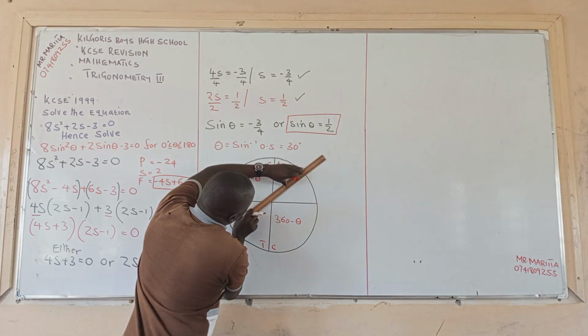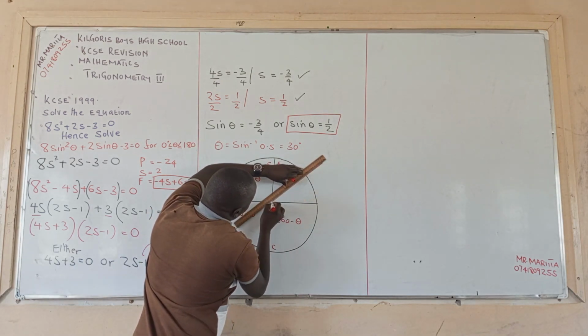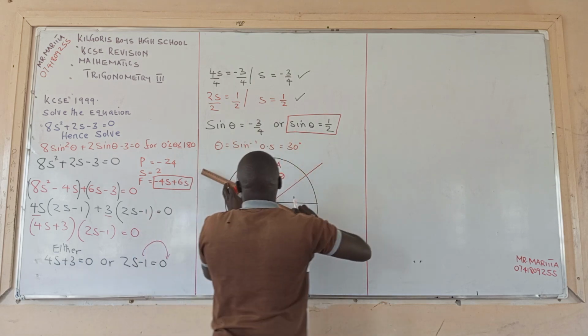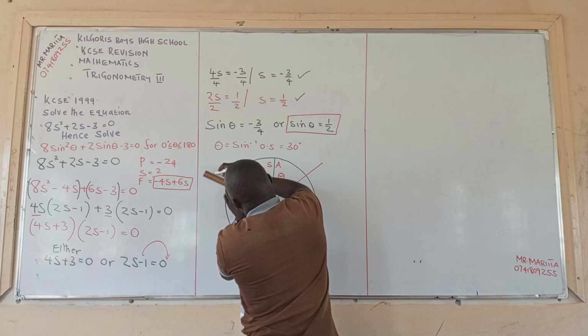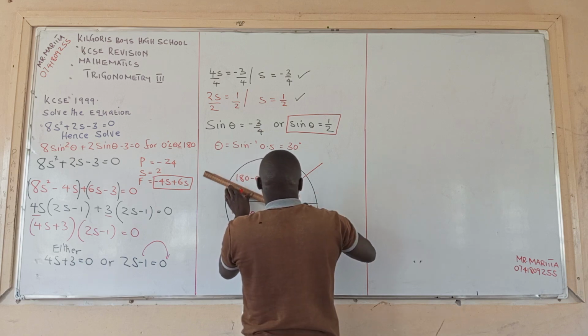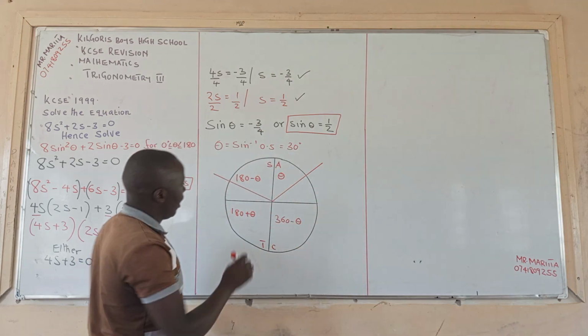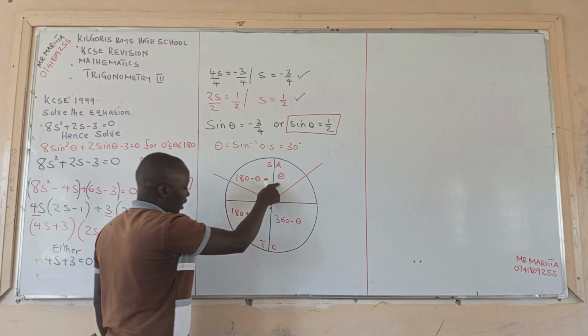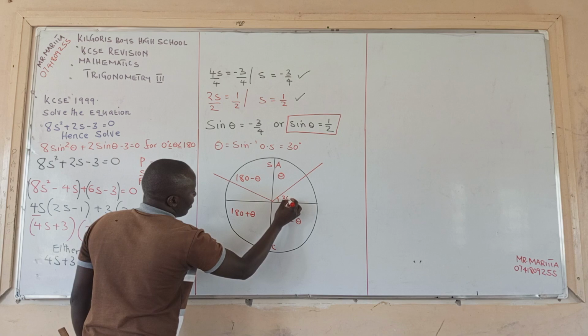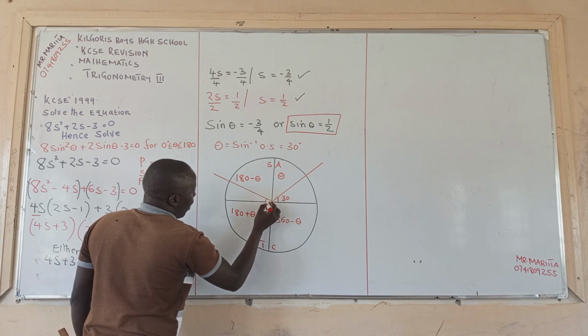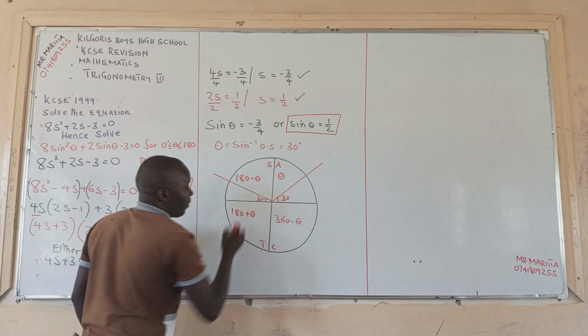We have 30 degrees here, so we find it there, and we can also find it here. Here we have only theta, so this is 30 degrees, and of course we can also have 30 degrees here.